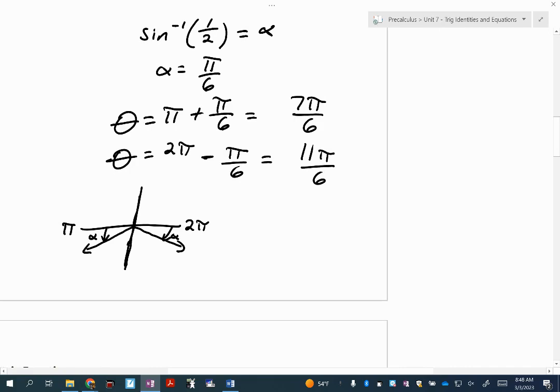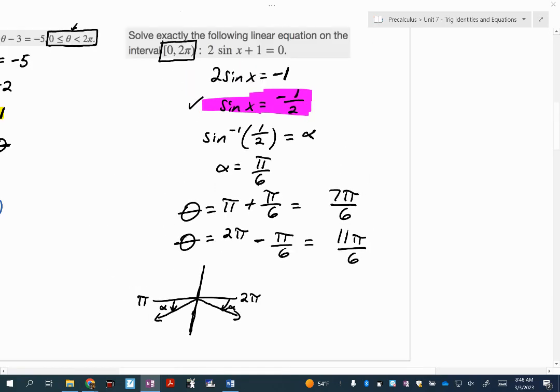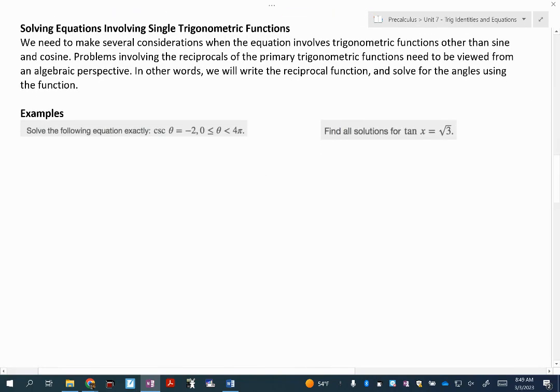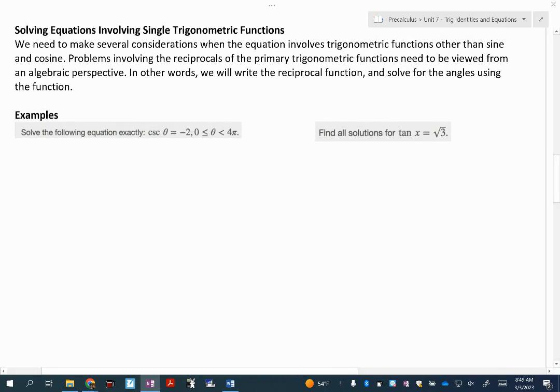So again, it's one of those things where we're using so much of the basics that you learned in the first unit to help us solve these trigonometric equations. Okay? All right. Let's solve some where they give you reciprocals. I remember the work that we've done with reciprocals.